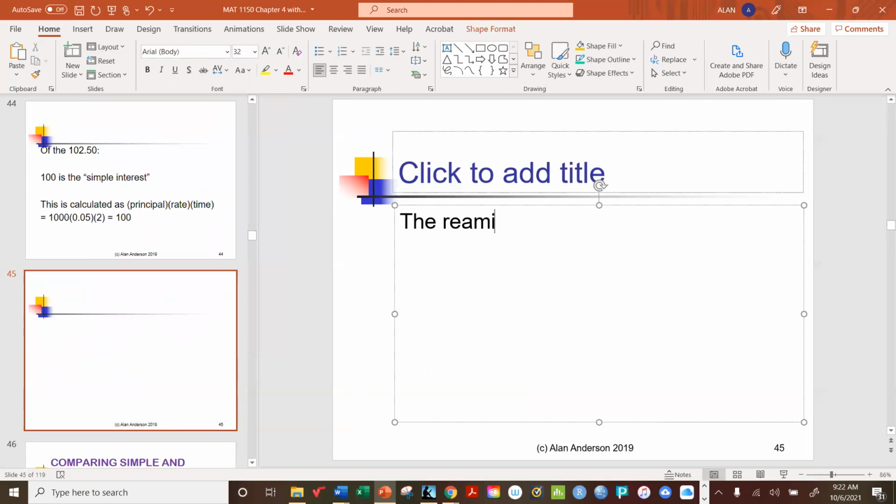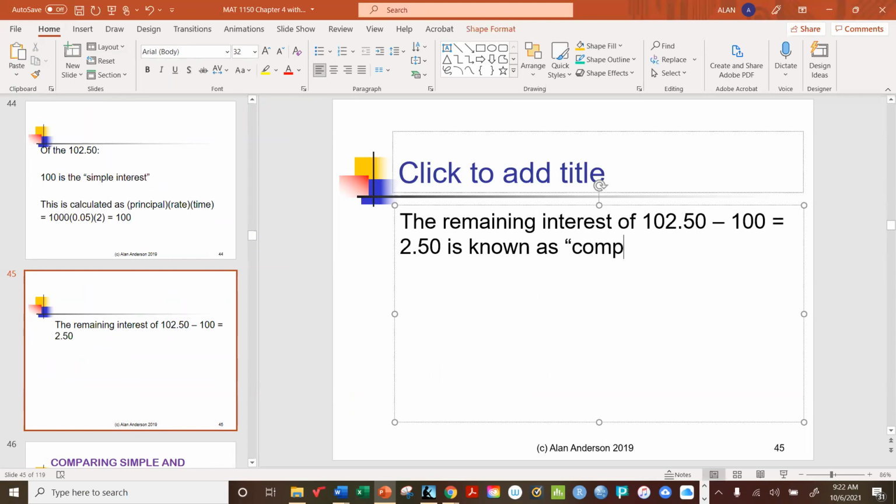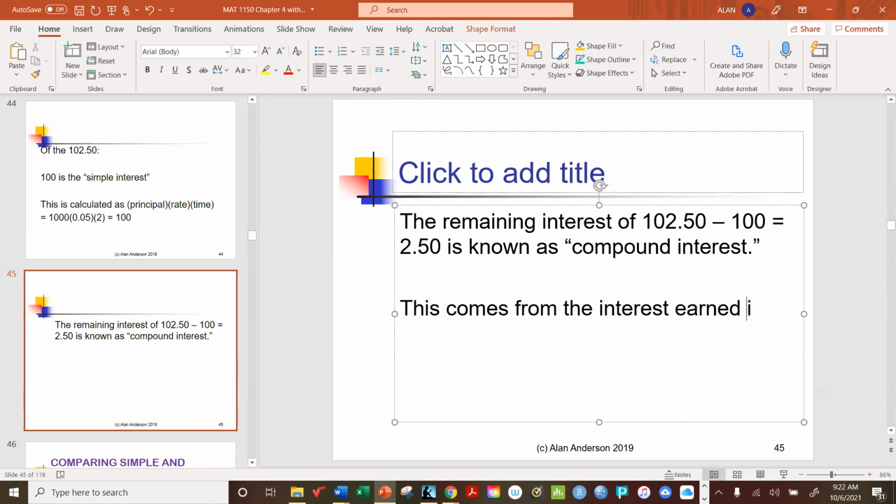The remaining interest of 2.50 is known as compound interest. Compound interest. This comes from the interest earned on the $50 interest at the end of the first year.